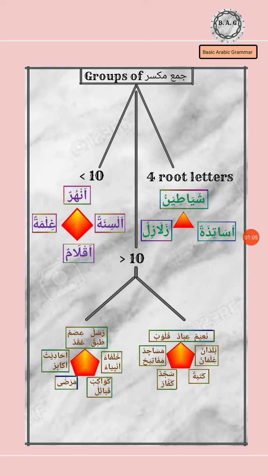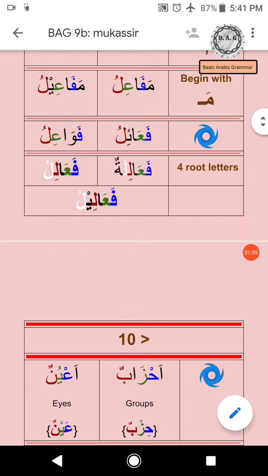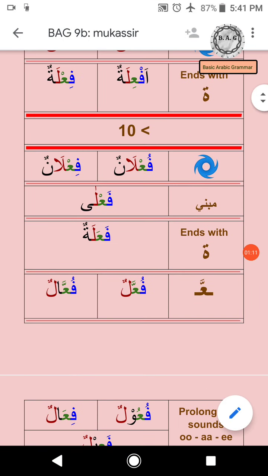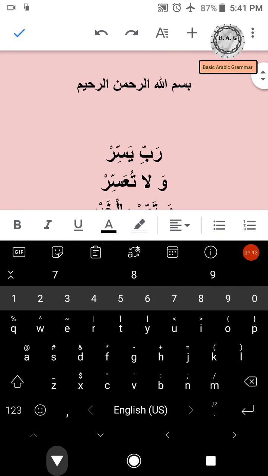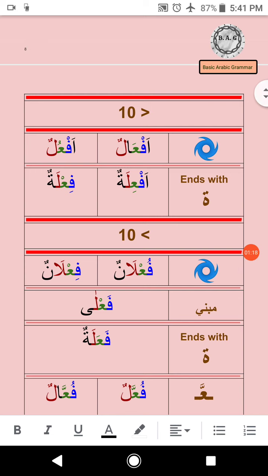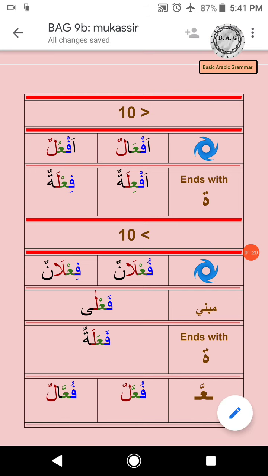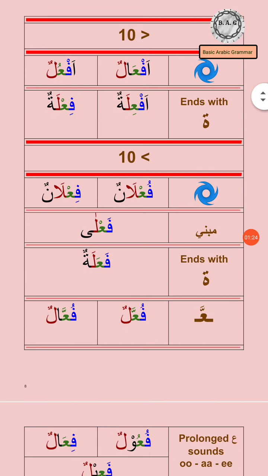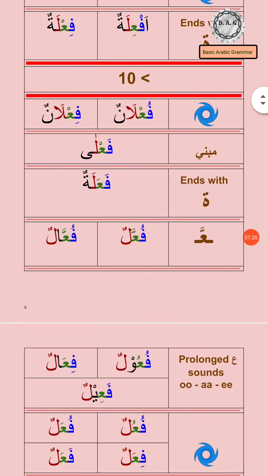So that's how I find it easy to memorize the patterns instead of going all the way this way, instead of going this way, such as af'alun, af'ulun, and af'ilatun, fi'latun, fu'lanun, fi'lanun, fa'ala, fa'alatun.